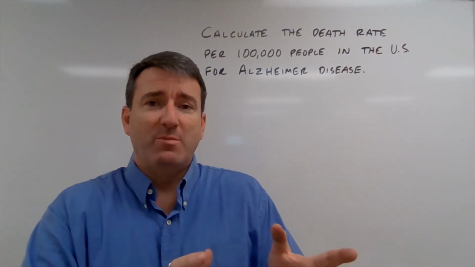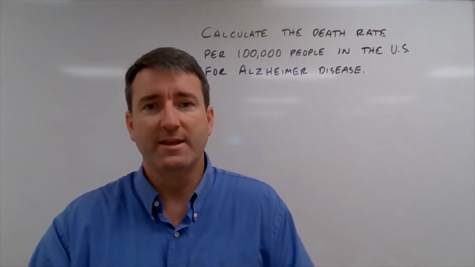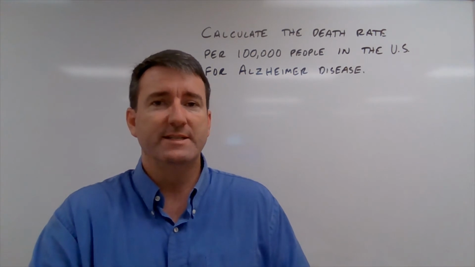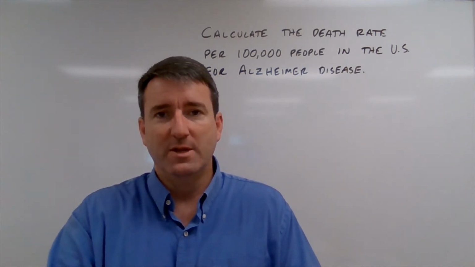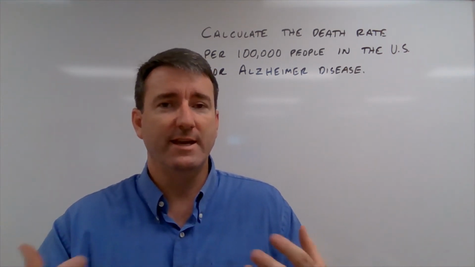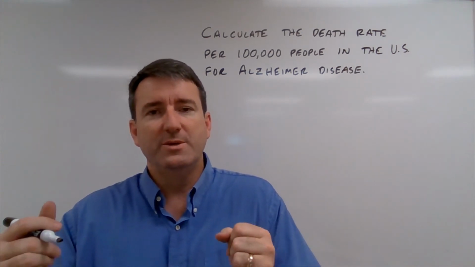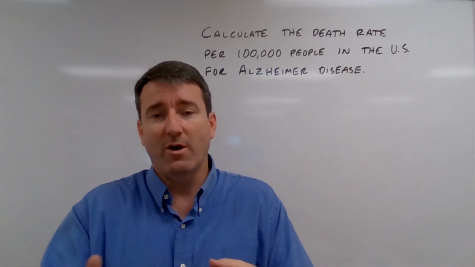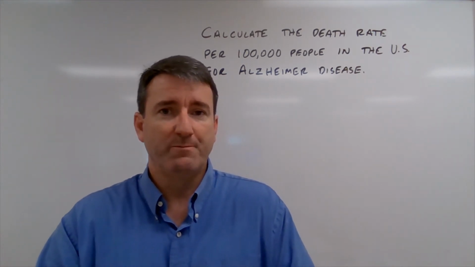All right, for our example, we are given a table of the 10 leading causes of death in the United States in 2017. And we're asked to use the information in that table along with the fact that the population of the United States in 2017 was 325 million, to calculate the death rate for Alzheimer's disease per 100,000 people.